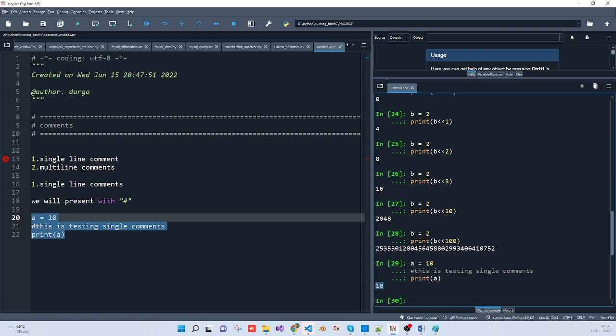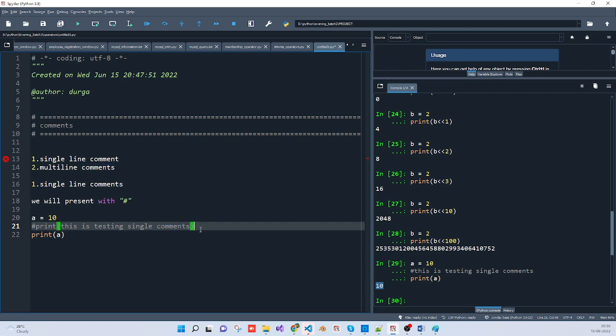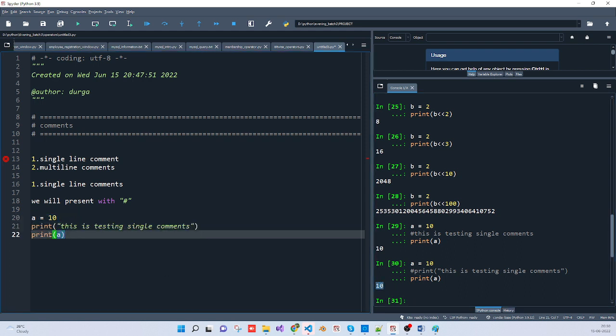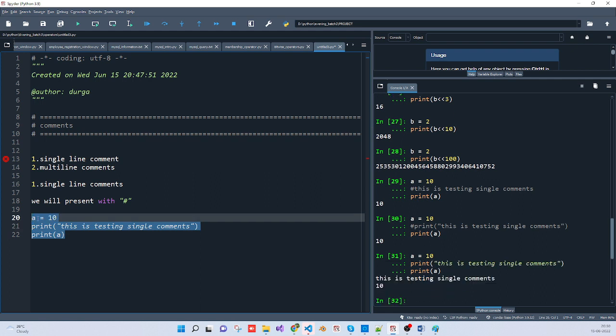If you write something in a print also, this will not be read. See, only 10. If you uncomment this one, it will read: this is testing single line comments.